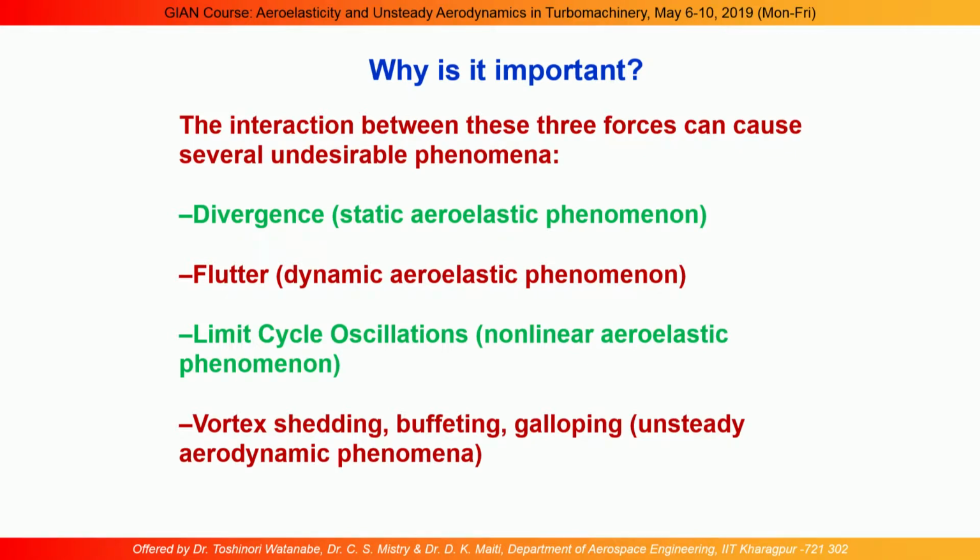In divergence, the structure has some stiffness. Usually when I talk of flutter and divergence, I am talking of the torsional stiffness. The aircraft has some particular torsional stiffness, which is basically a restoring force, and the aerodynamic force acts to deflect it. But suppose the aircraft is flying at a particular speed where the aerodynamic moment generated cancels the structural stiffness, then we can think of a structure without any restoring force or spring stiffness.